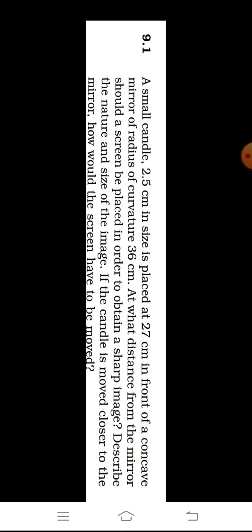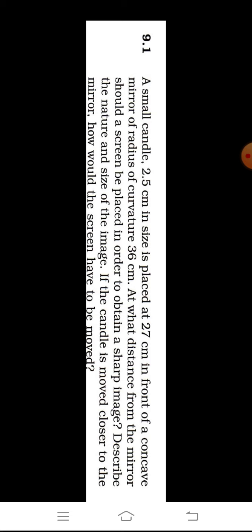Here, first of all, concentrate on the type of the mirror. Here it is given as a concave mirror, and remember the sign convention for the concave mirror. The radius of curvature, the object distance and the height of the object are given.